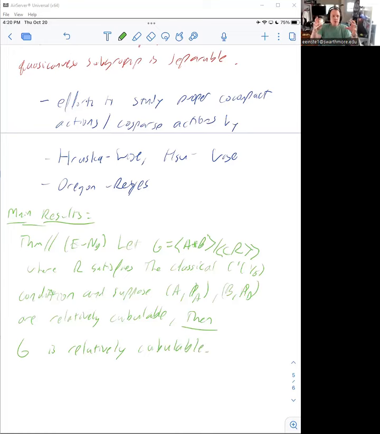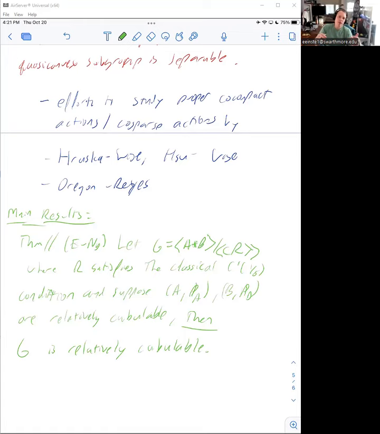So start with two groups that have relatively geometric actions on some CAT(0) cube complexes. Now pick some crazy relations, but not too crazy. If you know the C'(1,6) condition, it's what you think it is. If you don't, the idea is you pick your relators and you don't want any two relators to have a lot of overlap, or at least the relators and their conjugates.